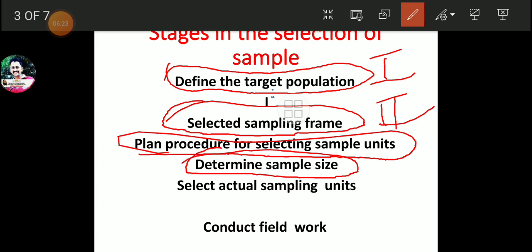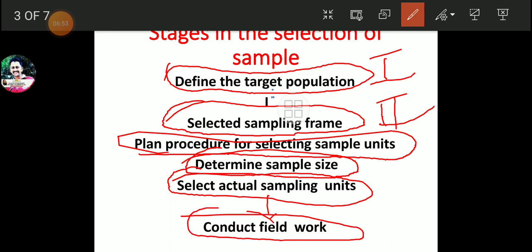That also you have to decide. You want 10 or 20, that is up to the researcher. Then select actual sampling units, which is the second last stage. Last one, conduct the field work, is the last stage.